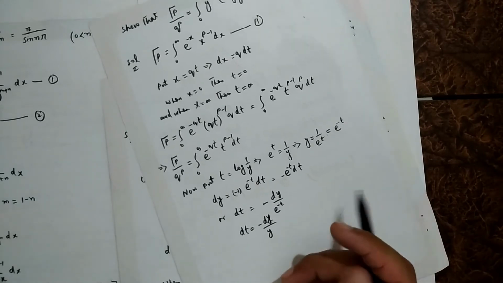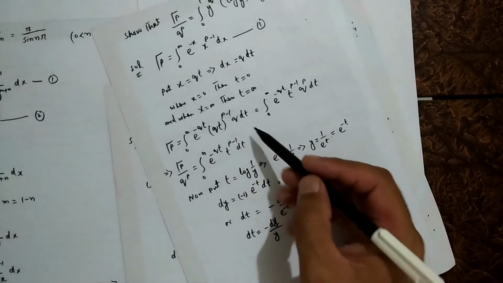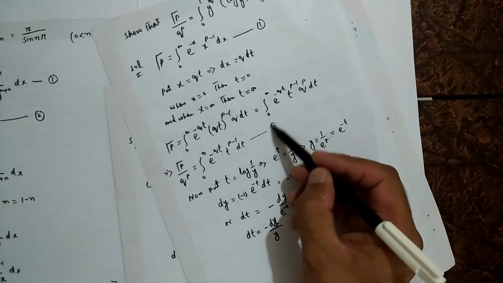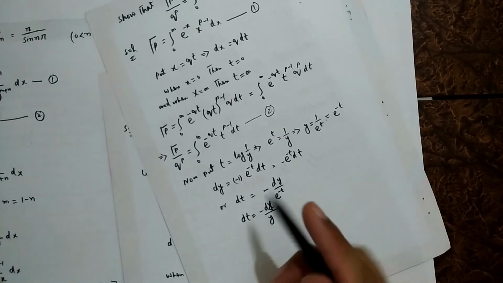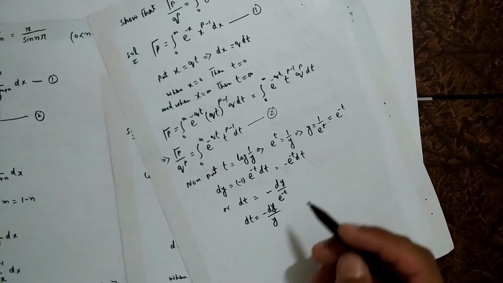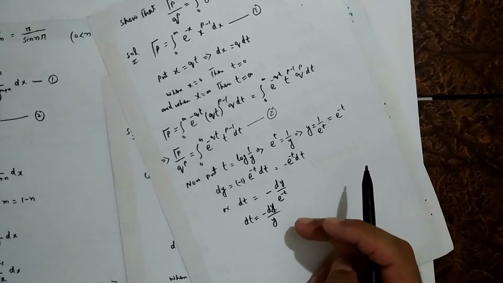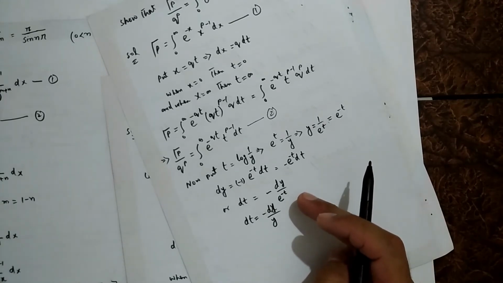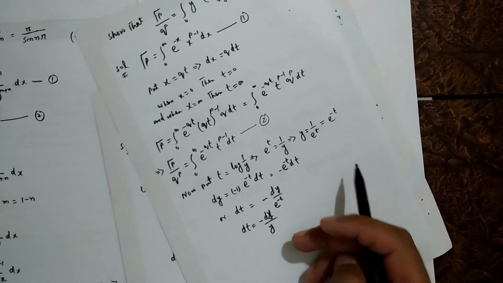So now substitute these values in this equation. This is equation number 2. Now again we have made some substitution, so we have to check our limits again.